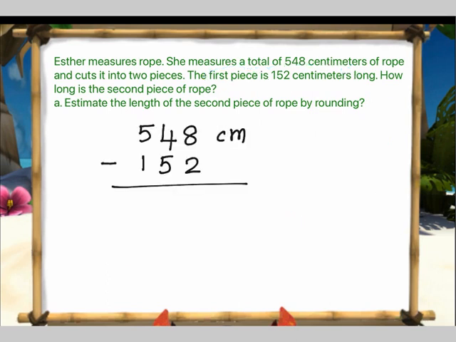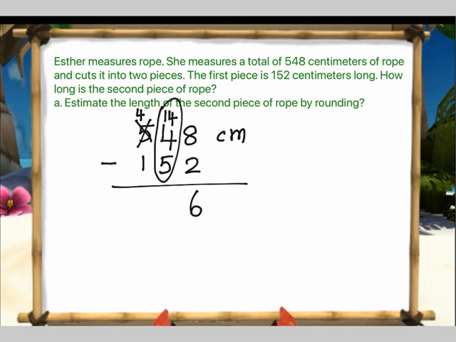So I'm doing the vertical method of subtraction, or the standard algorithm. So 8 minus 2 is 6. 4 minus 5, I cannot subtract since 4 is a smaller number. So I have to unbundle the hundreds. So 500s will become 400s, and when I borrow 100 to the tens place, it will become 14 tens.